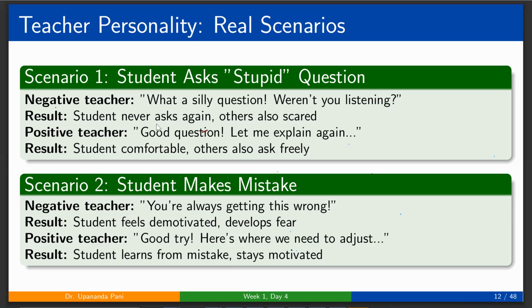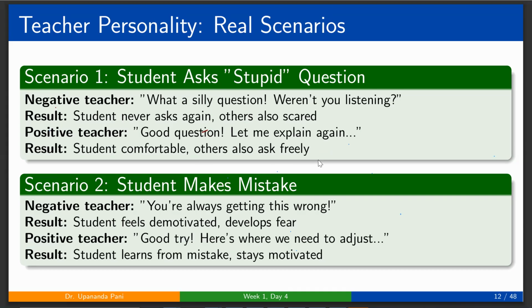The result is the student will never ask, and gradually others will also be scared to ask. Now a positive teacher says, it's a good question, let me explain again. The result is students feel comfortable, and gradually others will also ask freely.